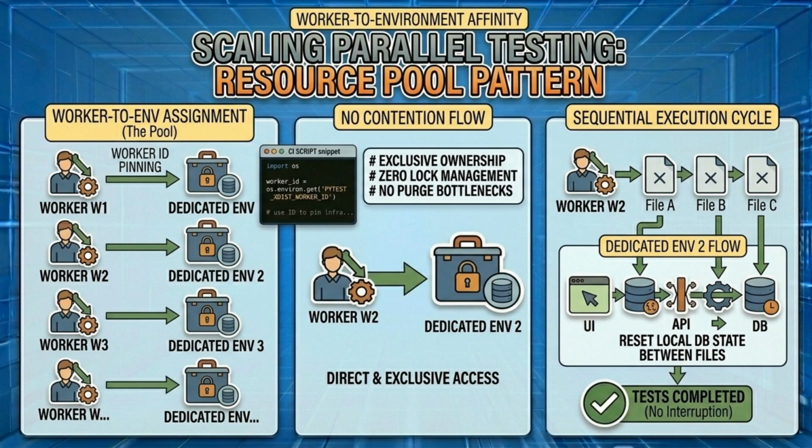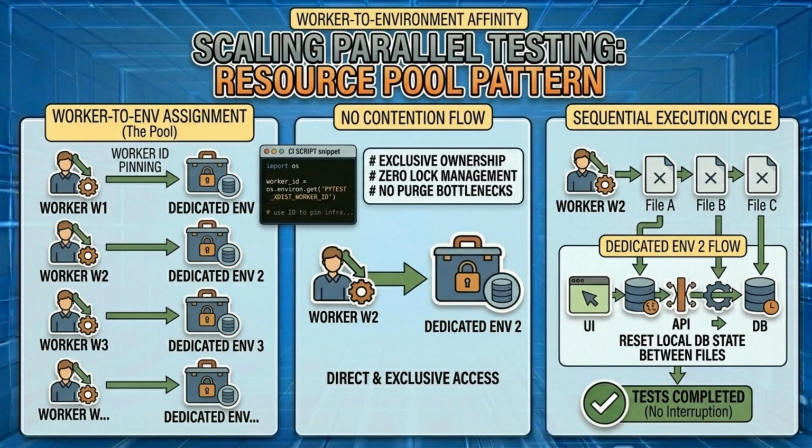To scale this architecture, implement a resource pool pattern using Worker-to-Environment Affinity. If your CI runner supports many parallel workers, simply assign one dedicated, permanent infrastructure stack to each worker process for the entire duration of the test run. By using the worker ID available in your test framework, like the worker index in pytest-xdist, you pin worker 1 to environment 1 and worker 2 to environment 2.